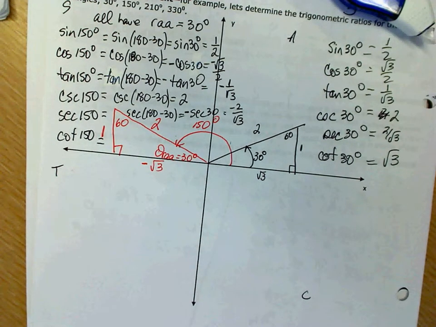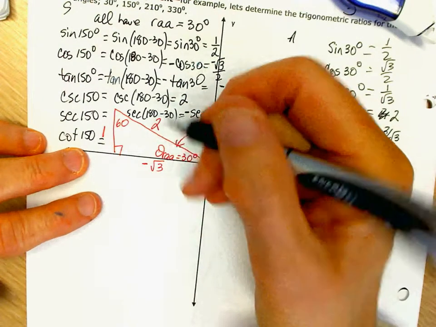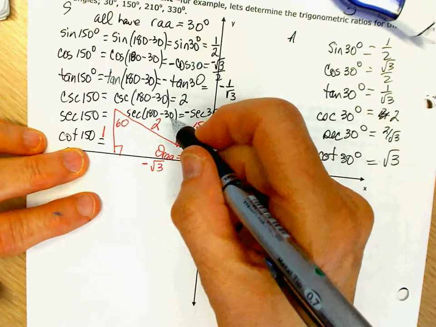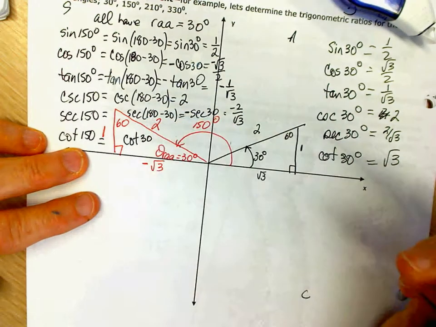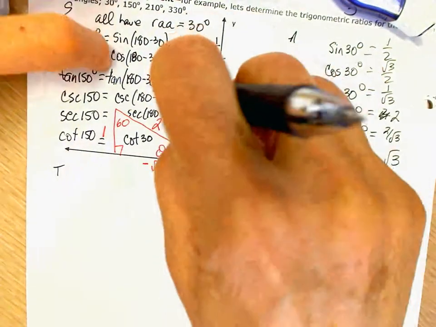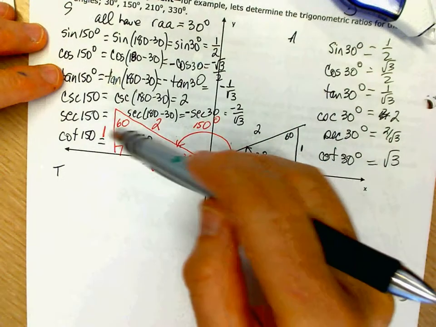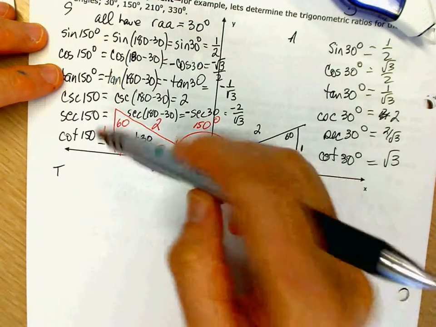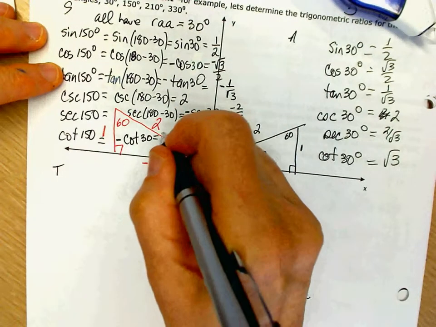And the last one, if you can skip this step, you know it's some related acute angle of 30. We know when it hits this quadrant, it has to be negative, because it's obviously negative root 3 over 1. And this is equal to minus root 3.